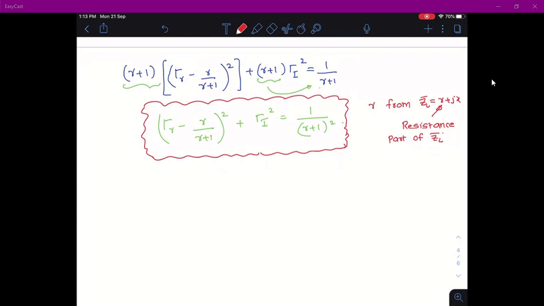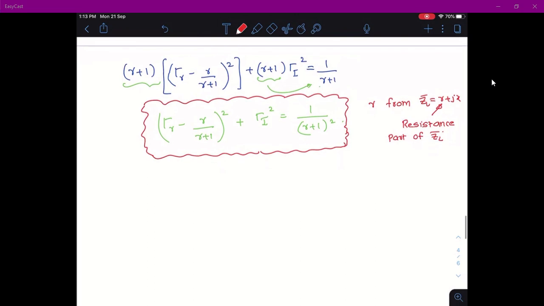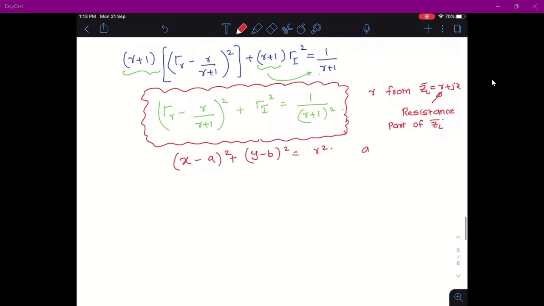So what is the significance? This expression is similar to x minus a whole square plus y minus b whole square is equal to R square, where a is equal to r by r plus 1, b is equal to 0, and capital R is equal to 1 by r plus 1.